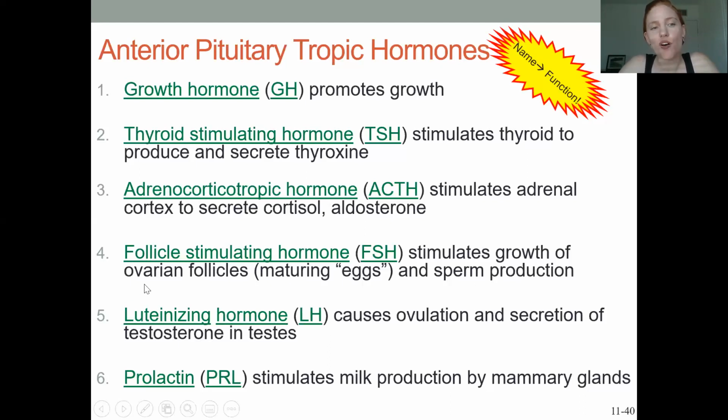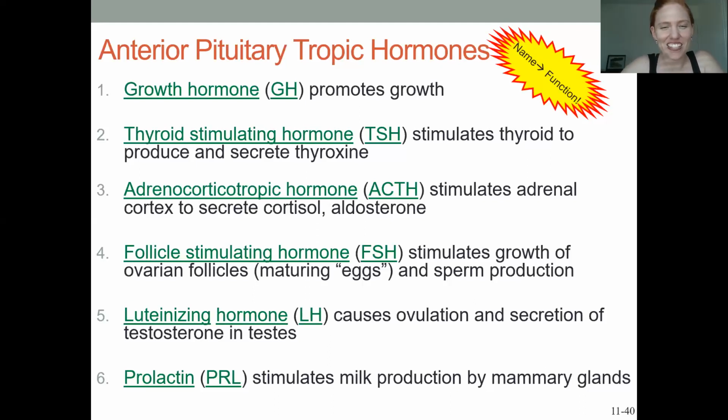And so what the follicle-stimulating hormone does in females is it stimulates the egg and follicle maturation, and then that will in turn increase the amount of estrogens produced in the body. We'll go through that in a lot more detail when we get to the reproductive system at the end of this semester.